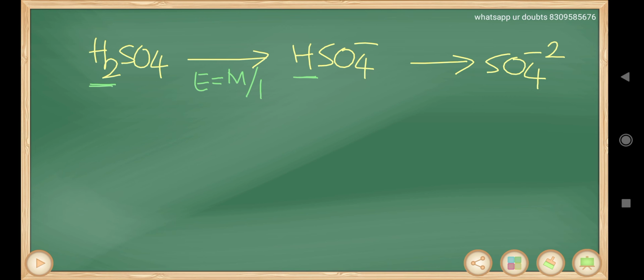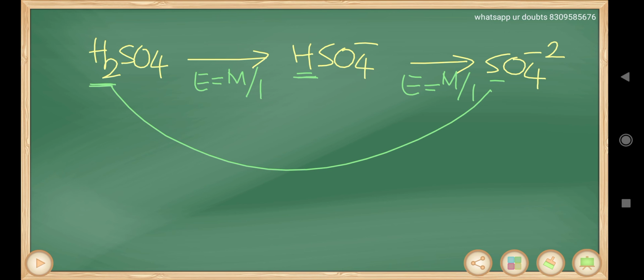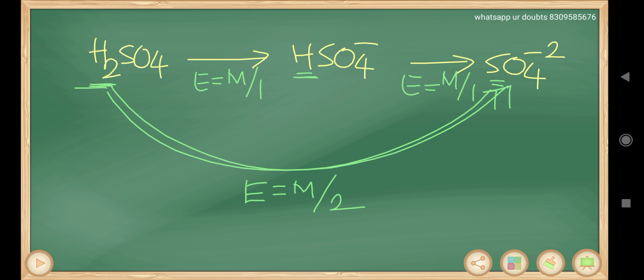Number of replaceable hydrogens, only one is displaced or replaced. Here also the same thing, equivalent mass is equal to molecular mass by 1, only one is displaced. But in general, this reaction takes place where 2 protons are displaced. That's why equivalent mass is equal to molecular mass by 2 in general. But if they are asking for this particular step only, then you need to be very careful about the structure.